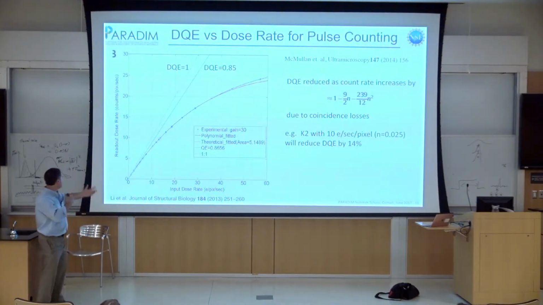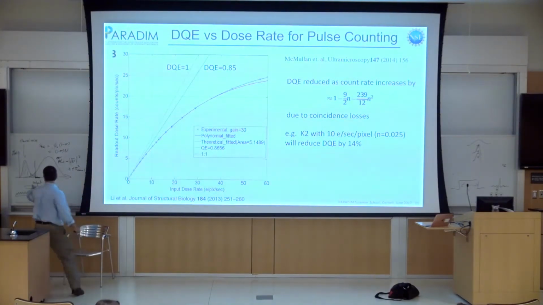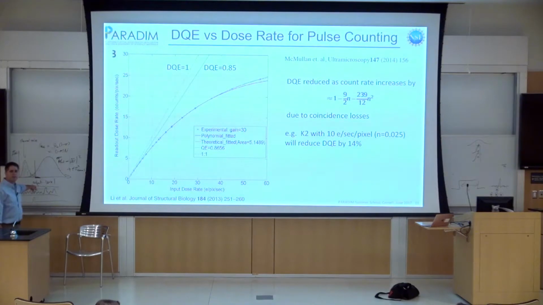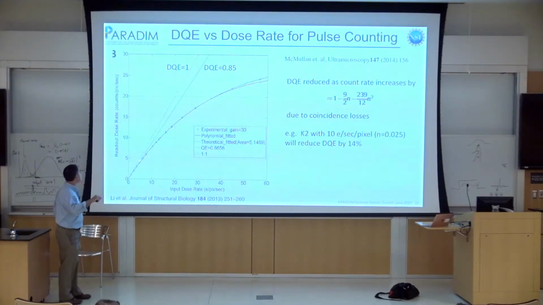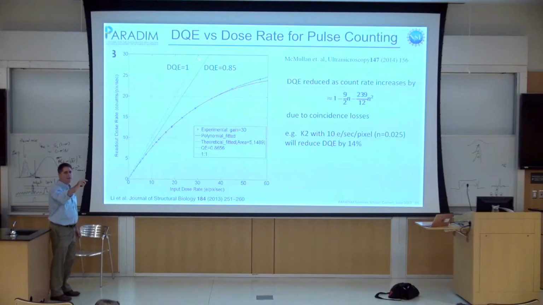So then the problem is, if I have too many electrons showing up because my electronics is slow, then I count the first electron over here, but I miss the second electron. So what you see is I put in an input dose over here, and if the detector was perfectly linear, it would follow the straight line, and this would be a DQE of 1. If I'm missing electrons, then my DQE is going to drop because I missed counts.